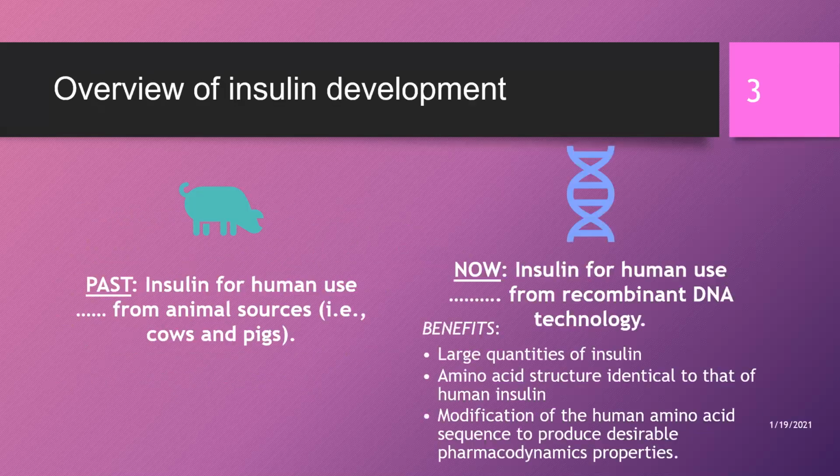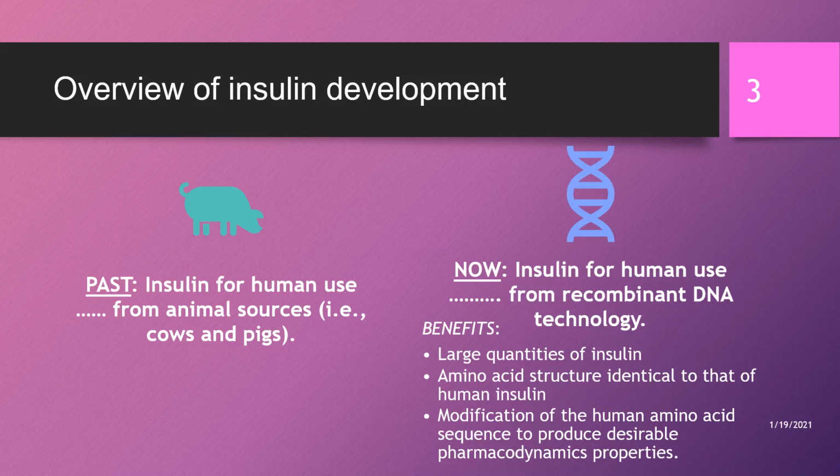So basically, insulin was developed in the past through non-human sources, that is through animal sources, that is cows and pigs. That's how we got the bovine and pig-related insulin in the past. Now, insulin for human use comes from recombinant DNA technology.